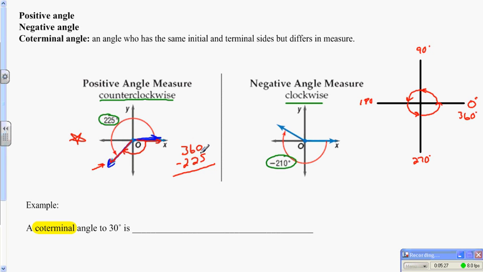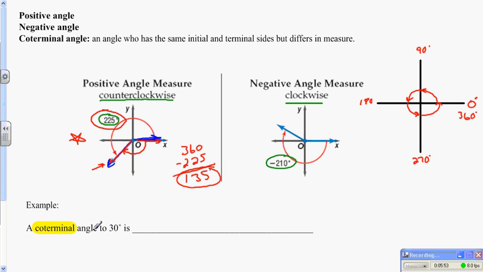Okay? And that would be 135 degrees. So those two are considered coterminal because they look the same, but they achieved that position by going different directions.